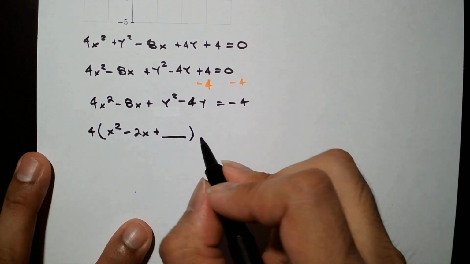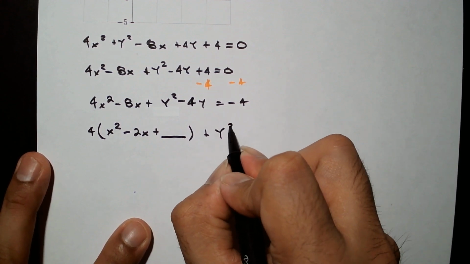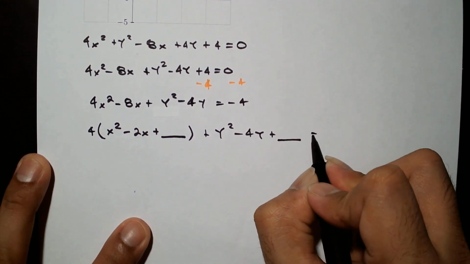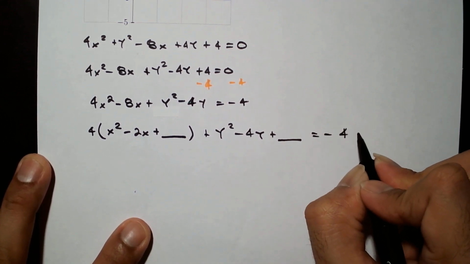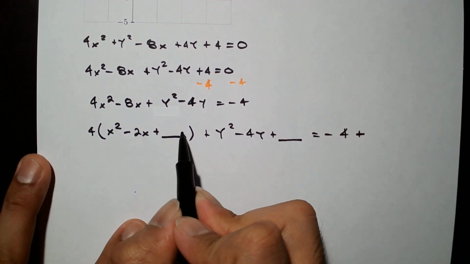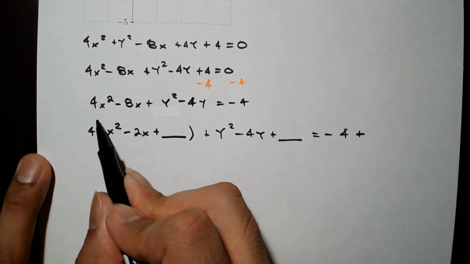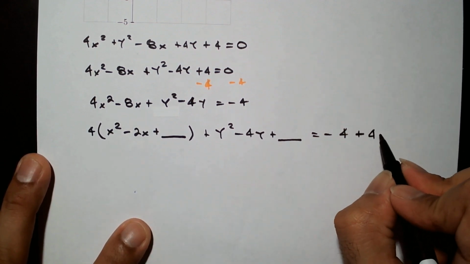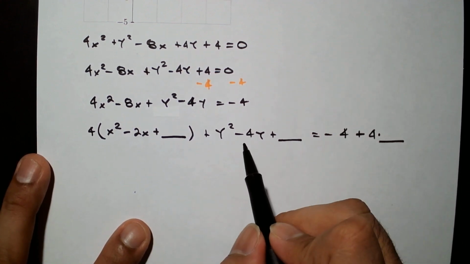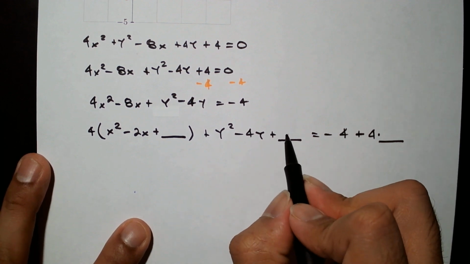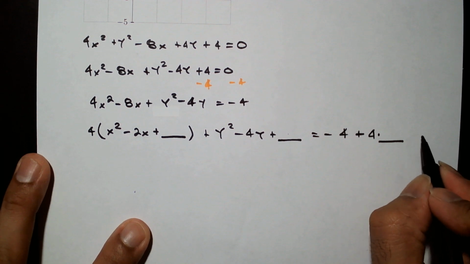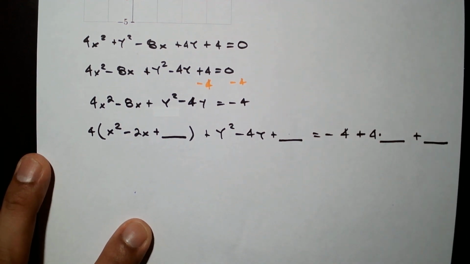Right, I'm going to add a number plus y squared minus 4y plus another number equals negative 4 plus, okay, be careful here because when I add a number, that number is being multiplied by 4. So be sure to add 4 times whatever number, and then over here, in this case, this extra number is not being multiplied by anything, so plus number.